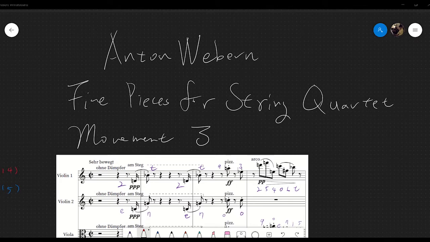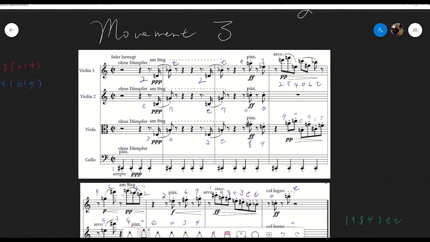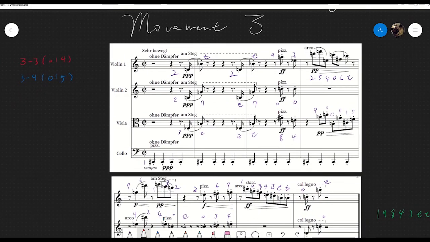Okay, so we are analyzing Anton Webern's Five Pieces for String Quartet, third movement. The question asks you to identify at least eight 3-3s and 3-4s. Just to recap how to quickly find these set classes, you need to know how they are internally structured by looking at the intervals.